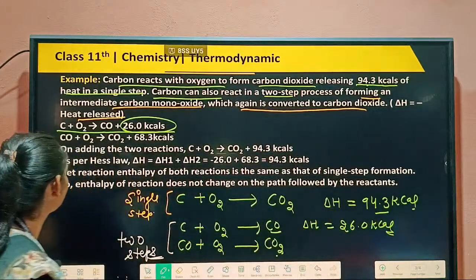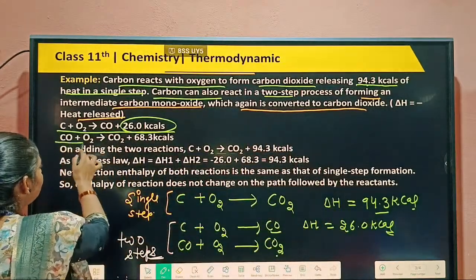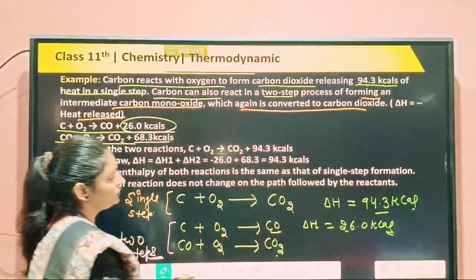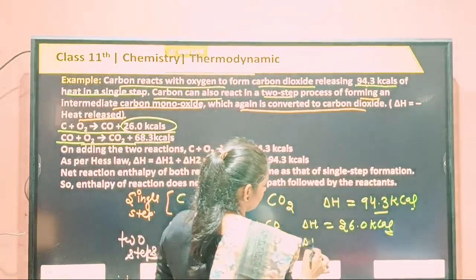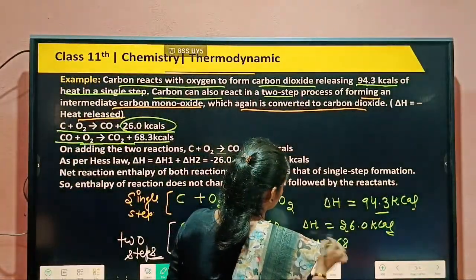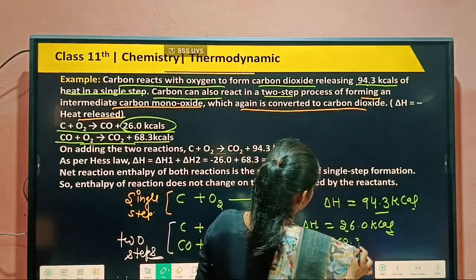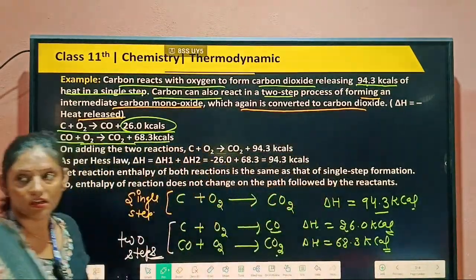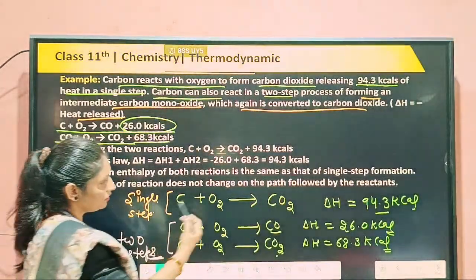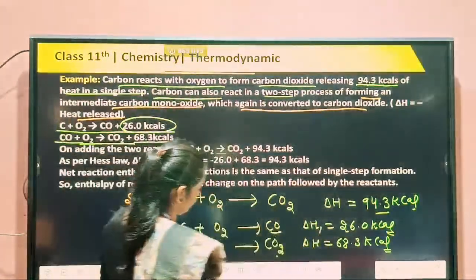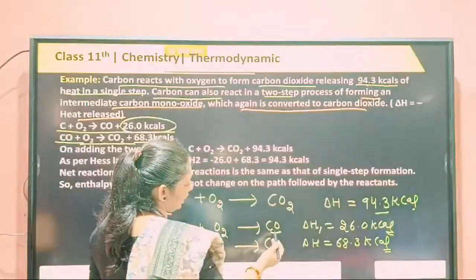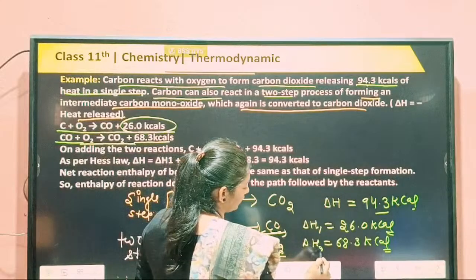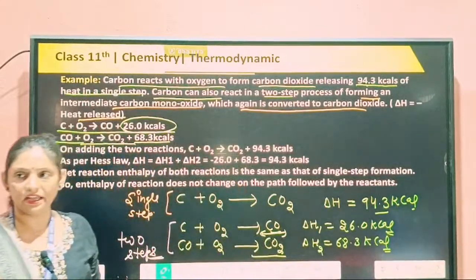And when carbon monoxide further combusts, the heat is 68.3 kilocalorie. So this is the enthalpy for the first step and this is for the second step. We can consider it del H2.